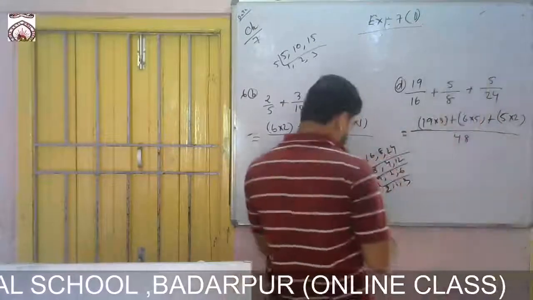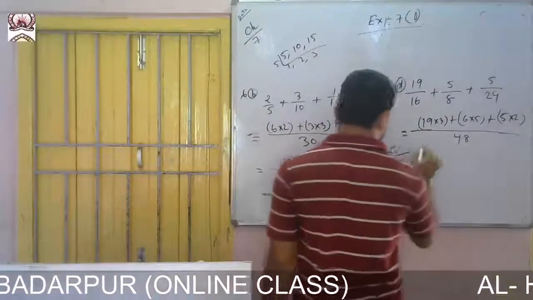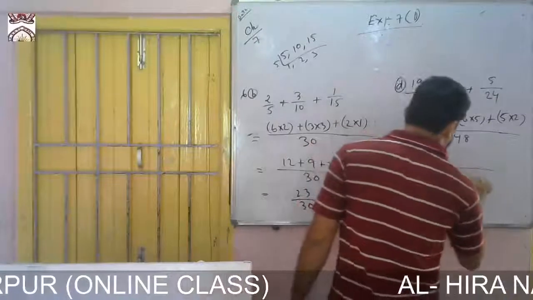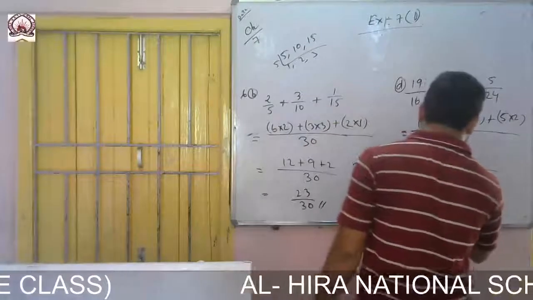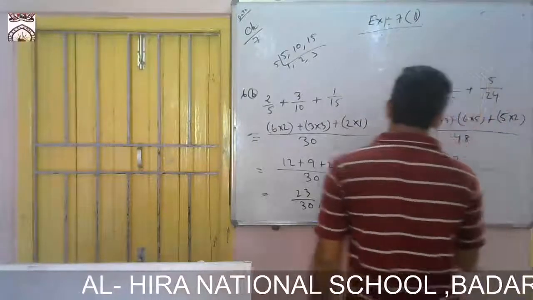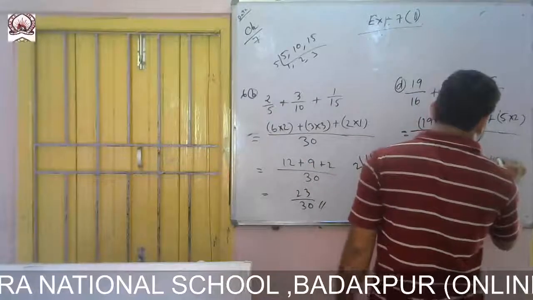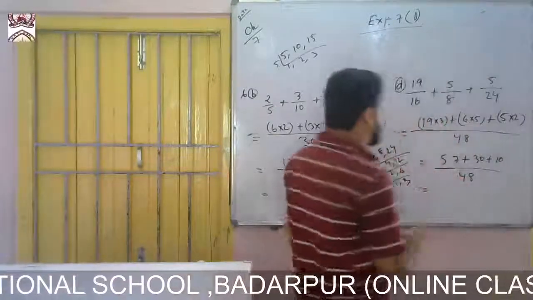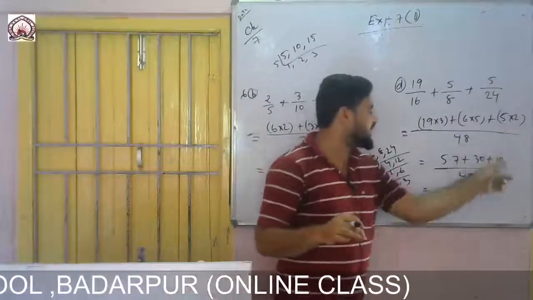Okay. Now what? 48. So 19 3s are 57, 6 5s are 30, 5 2s are 10.